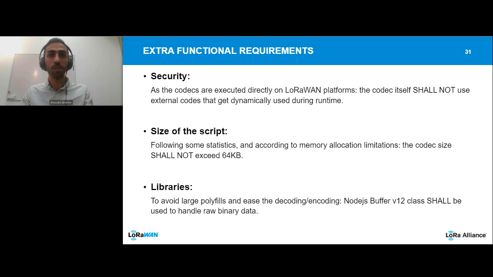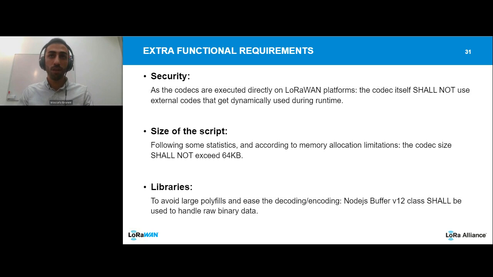We have done some statistics, and according to memory allocation limitations, we decided that the size of the codec script should not exceed 64 kilobytes, and it's really enough for a codec of a device or a group of devices. Therefore, the application server vendors that would like to follow this specification should support codec scripts up to 64 kilobytes max.